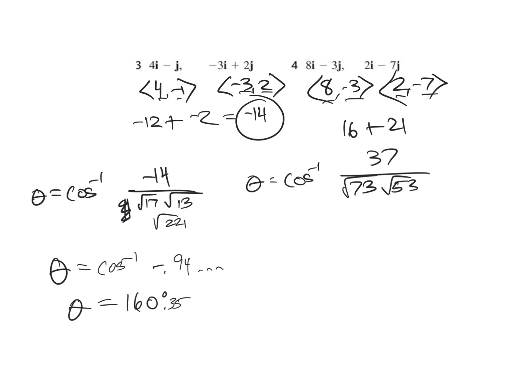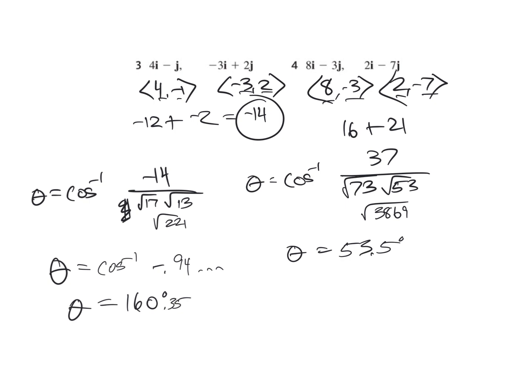Take 73 times 53, so that's going to be the square root of 3869. So 37 divided by the square root of 3869 gives 0.5948, and then we take the arc cosine of that, and we get theta to be 53.5 degrees.